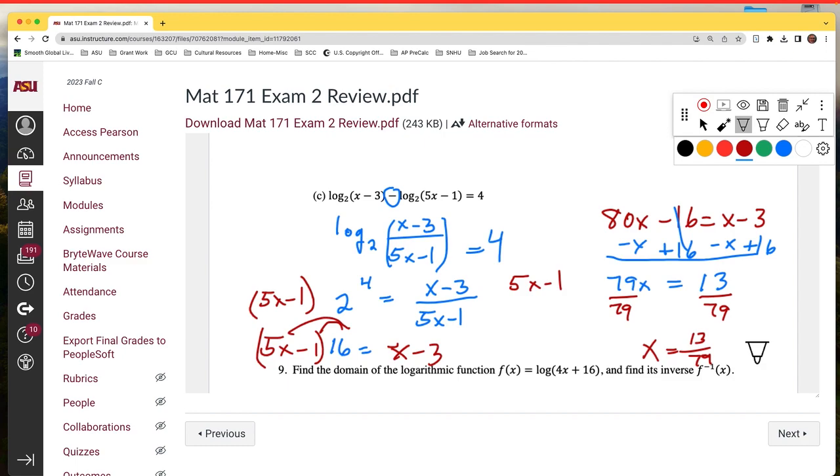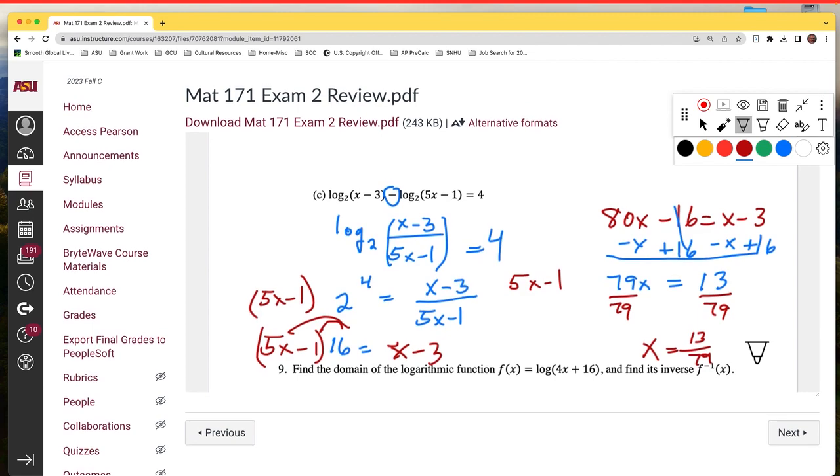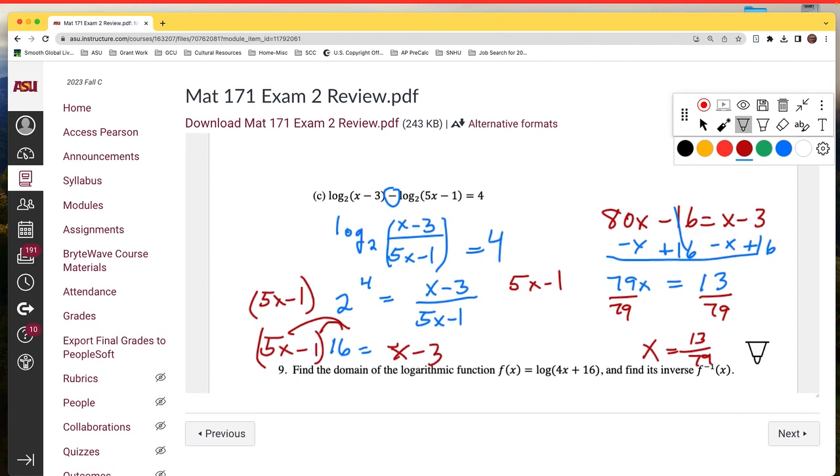Does 13 go into 79? Anybody? No? When I did that way, when you scroll down, you get a different answer. You got 19 something. Let me make sure. 2 to the 4th is 16. 16 times 5 is 80.